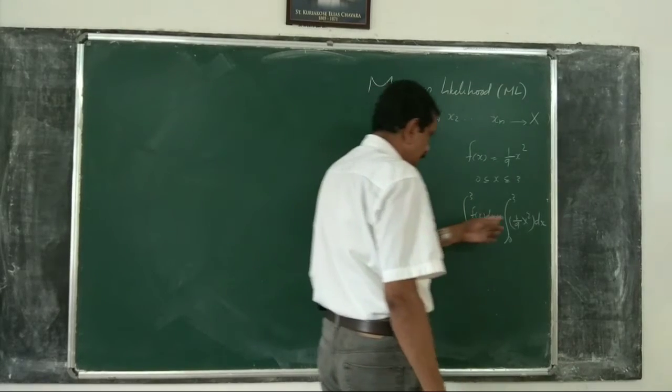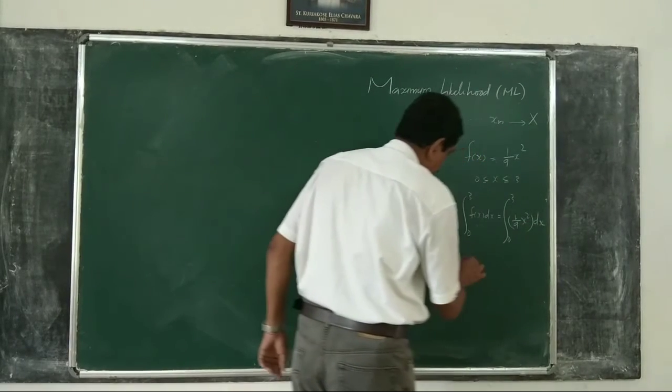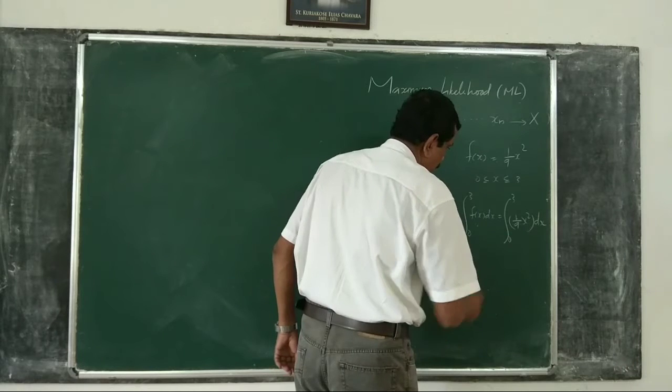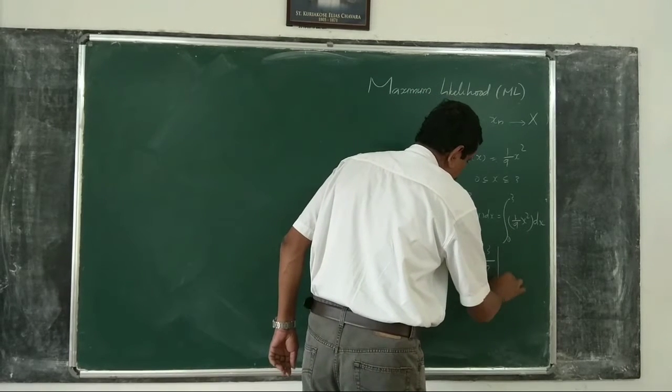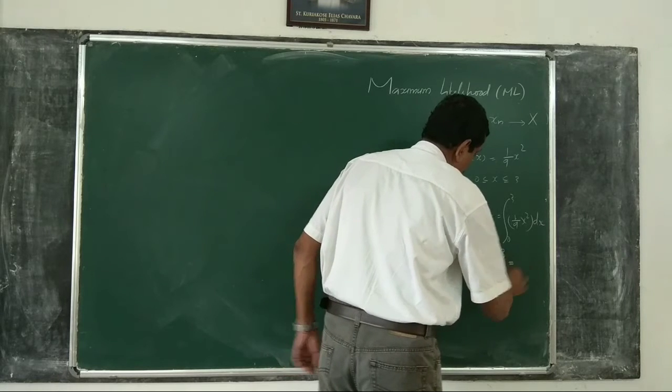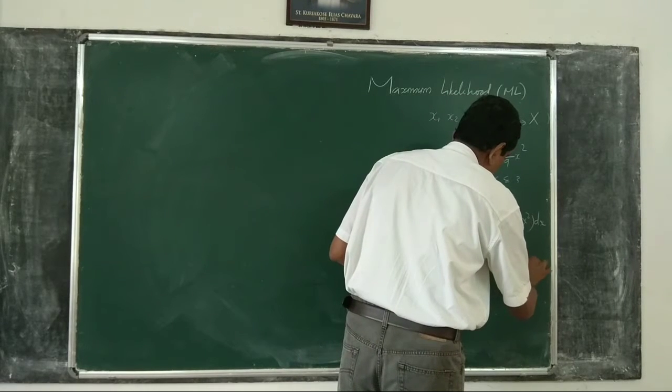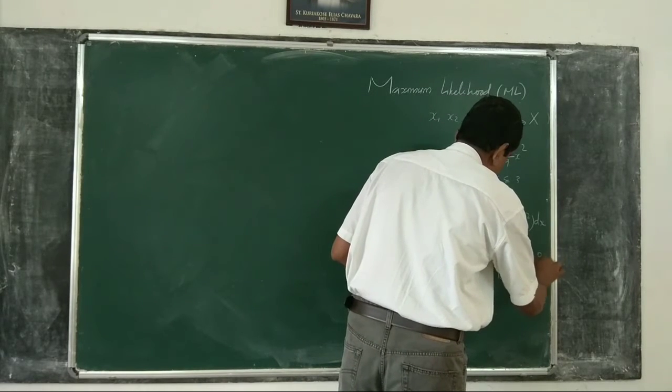If you integrate this, you will get x cube by 27 from 0 to 3. By substituting the values, you get 27 by 27 minus 0 by 27, which is equal to 1. So it is a PDF.